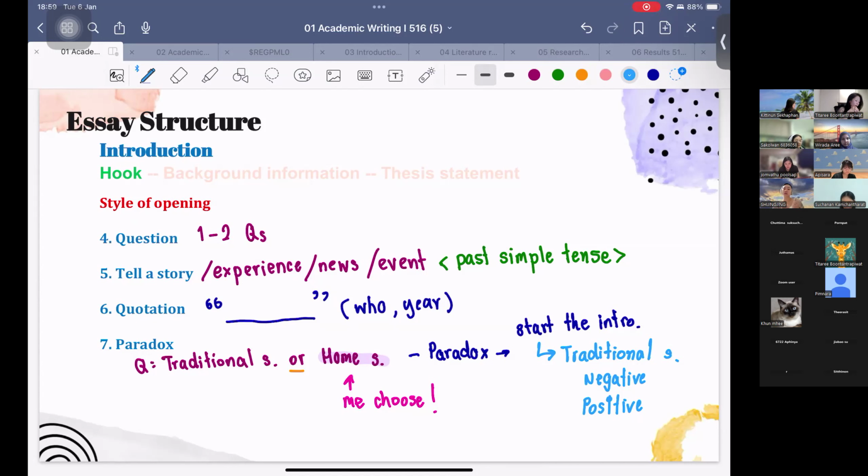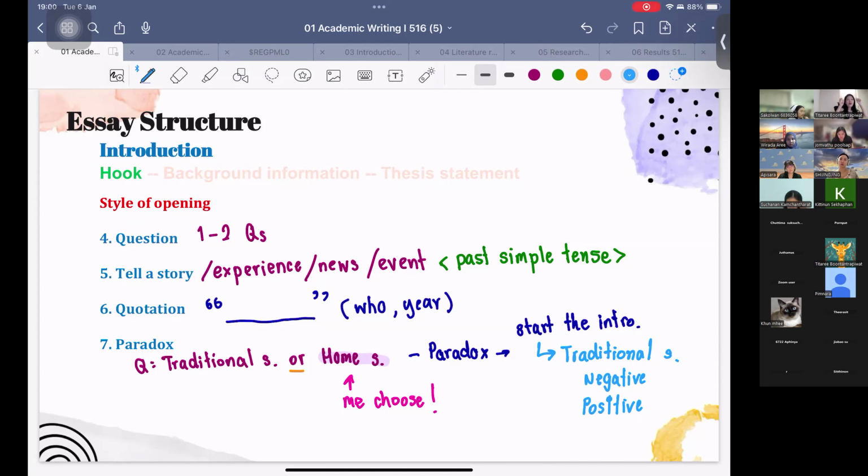Another one which is interesting, some people use it in research writing, but not that much. In other types, you might see it more often, which is starting the introduction with a quotation, some famous quote, famous sentence, or famous phrase from famous people in that field or related to the topic that you're going to write about. A quote means you copy the exact words, the exact sentence from that person and write it.